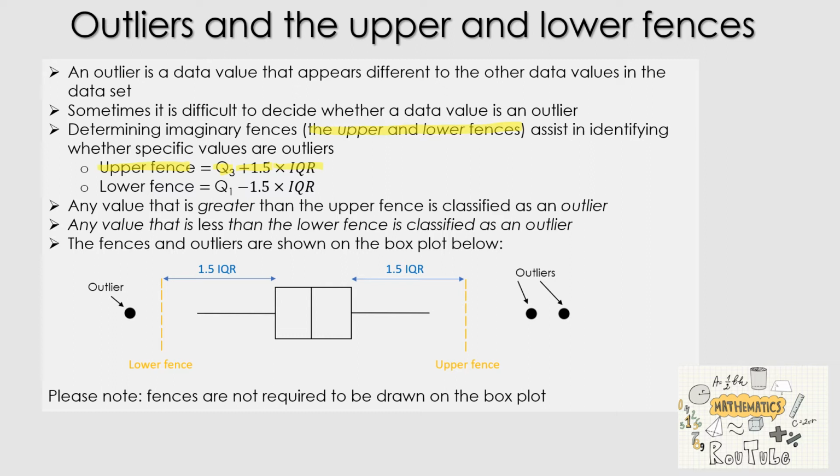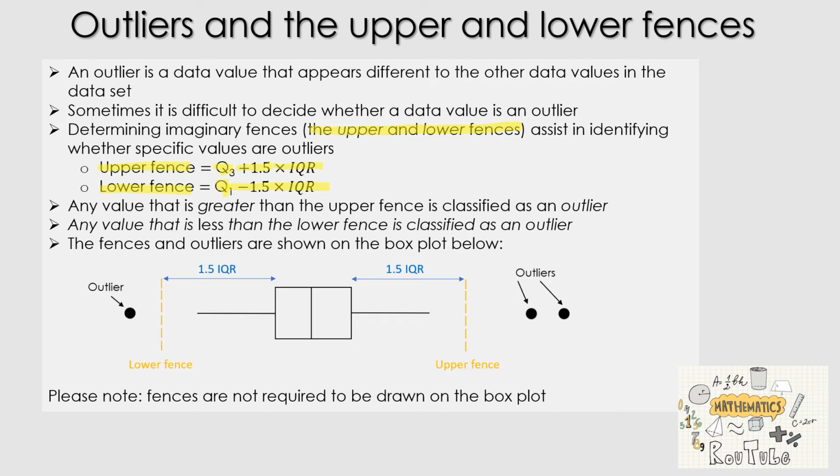It won't give you the interquartile range, but it will give you Q3 and Q1, so you'll easily be able to calculate the interquartile range. So it's essentially Q3 plus 1.5 times IQR. That's your upper fence. The lower fence is pretty similar: we've got Q1 minus 1.5 times IQR, so it's 1.5 IQRs less than your lower quartile.